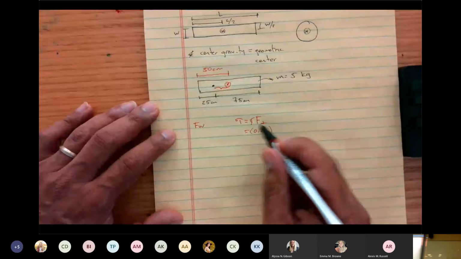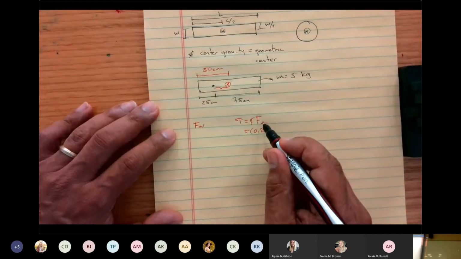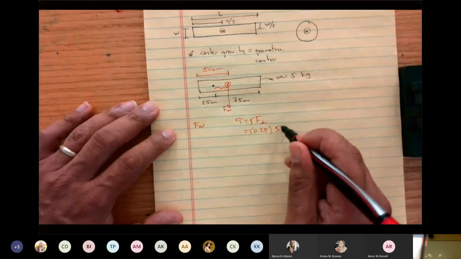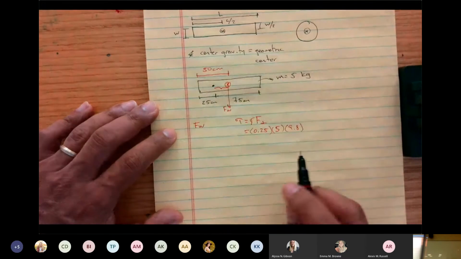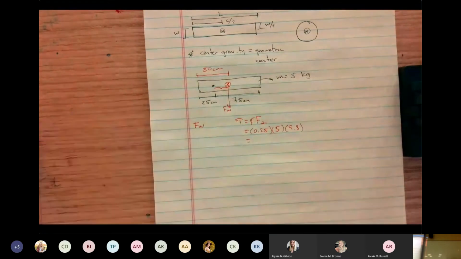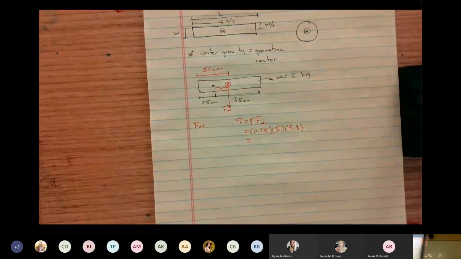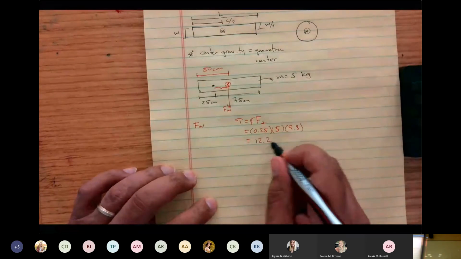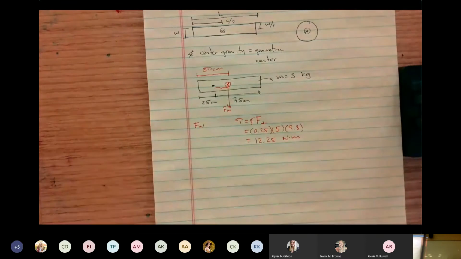And the perpendicular force is the weight, so that would be 5 times 9.8. And that's going to be the torque. I got 12.25 newton meters. Now, is it going to be positive or negative?